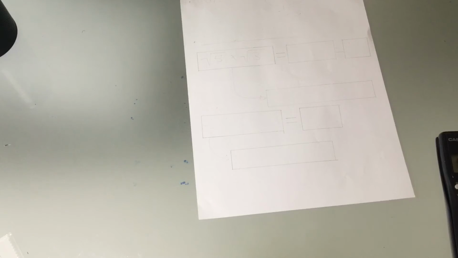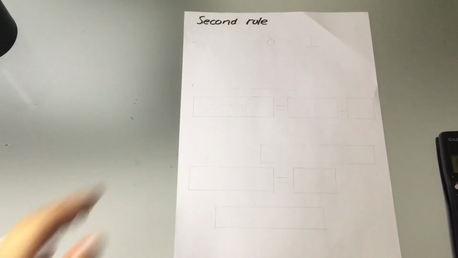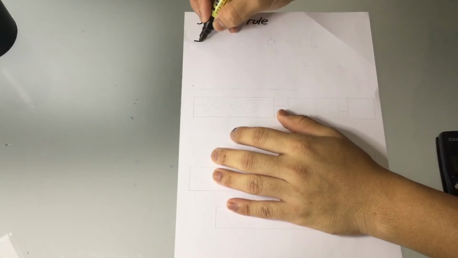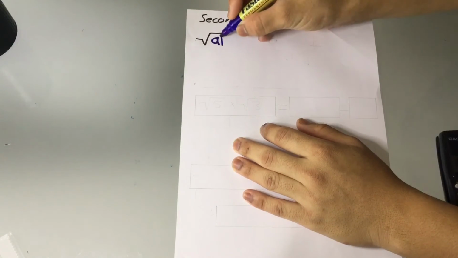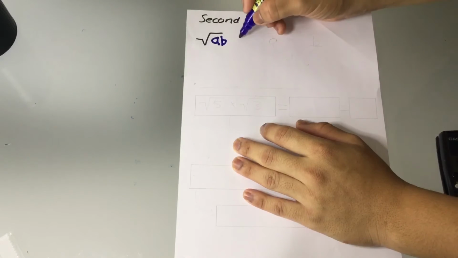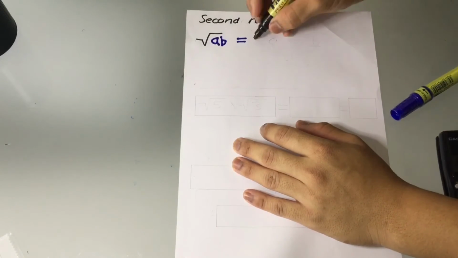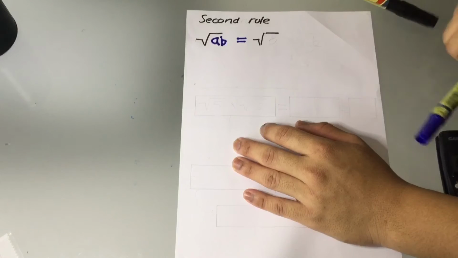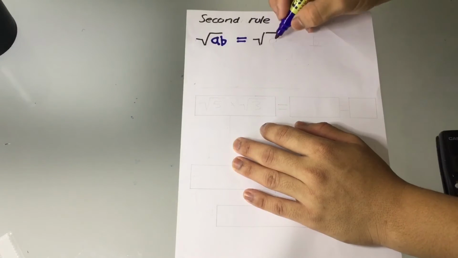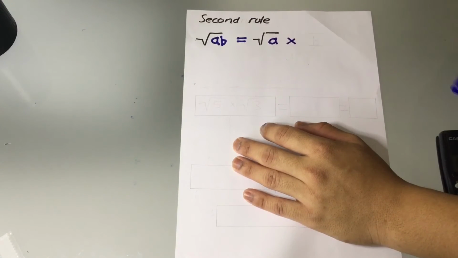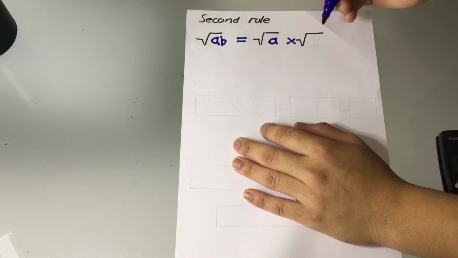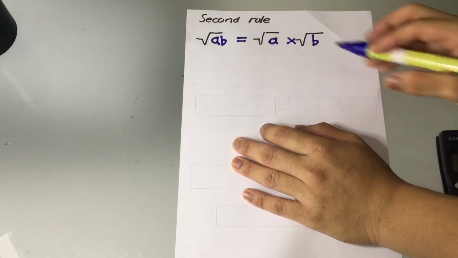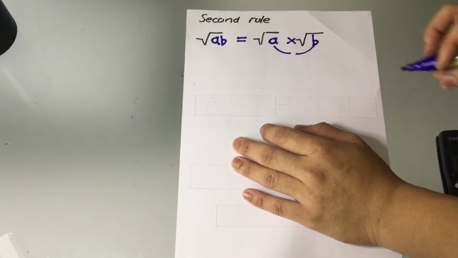So now let's move on to the second rule of the surd, which consists of two numbers in a square root. That is equal to each of the numbers having a square root each. It can be simplified back to square root of ab, but that's on the condition that these two numbers are bigger than or equal to 0.